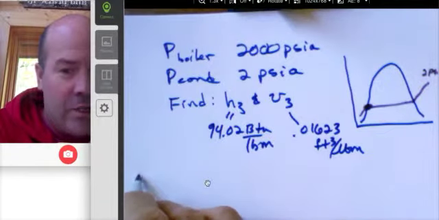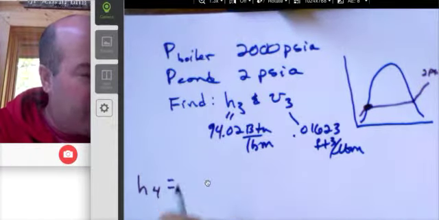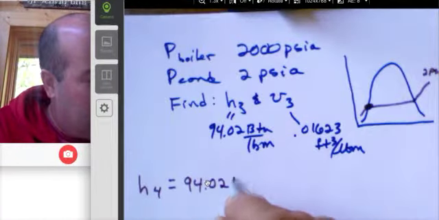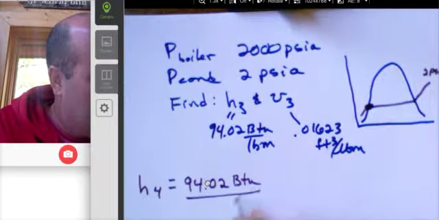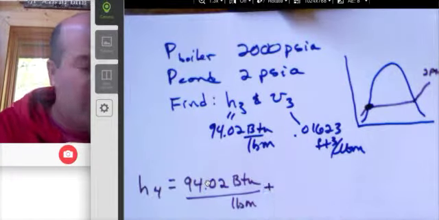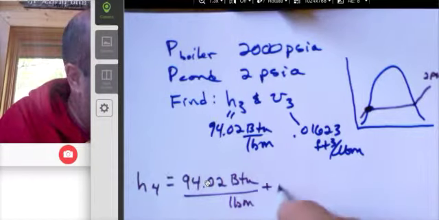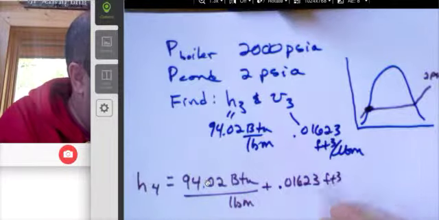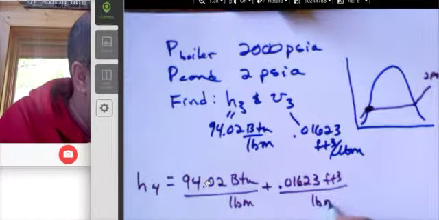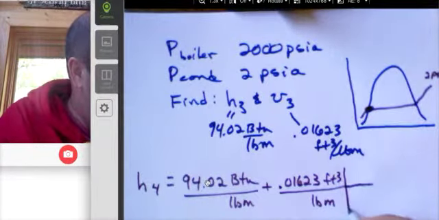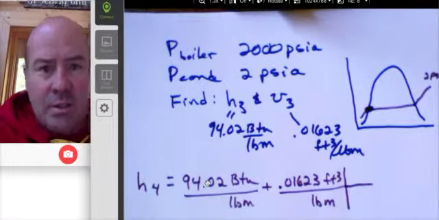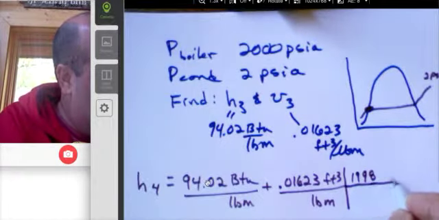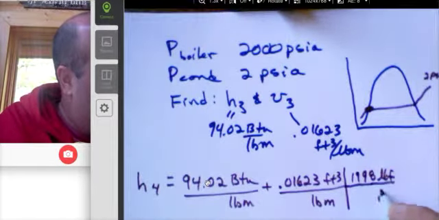So the equation was H4 equals H3, so 94.02 BTUs per pound mass, plus V3, 0.01623 feet cubed per pound mass, times the difference in pressure. Well, 2,000 minus 2 is 1,998 pounds force per inch squared.